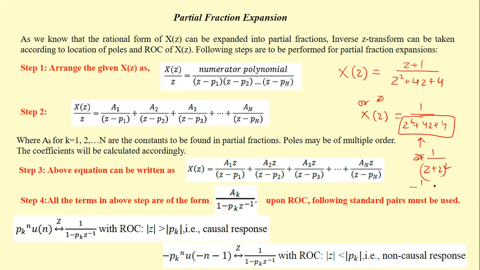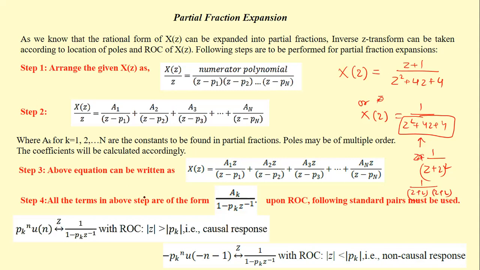So we can also write it as 1 upon z plus 2 into z plus 2. So we have factorized this, and then by using the partial fraction method, we try to find the inverse z transform of the given sequence, right?